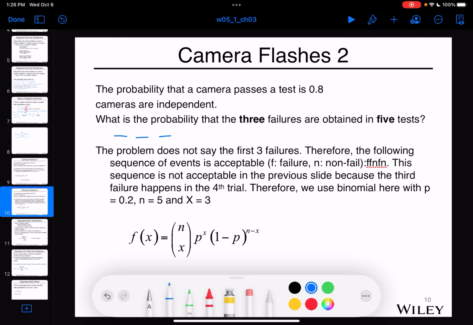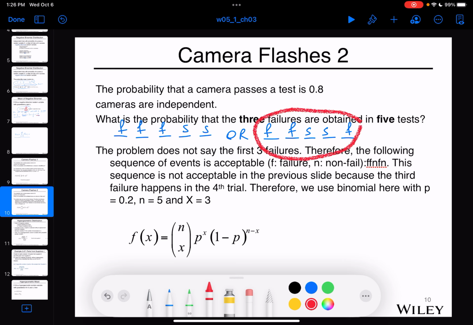For example, I can have 3 failures and then 2 successes, right? Or I can have like 1 failure here, 1 failure here, and 2 successes in the middle, right? For the case of negative binomial, only this one counts, right?